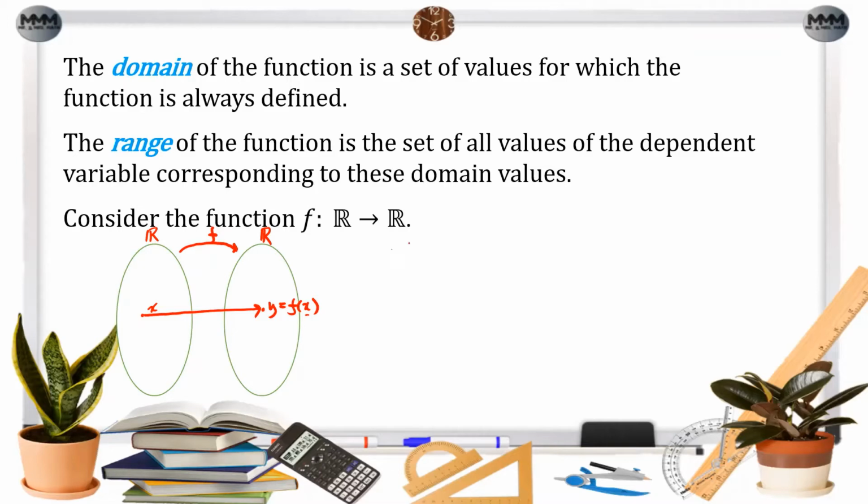So let's have here a function f defined by f of x equals, say, 2x plus 1. So again, x is our independent variable.